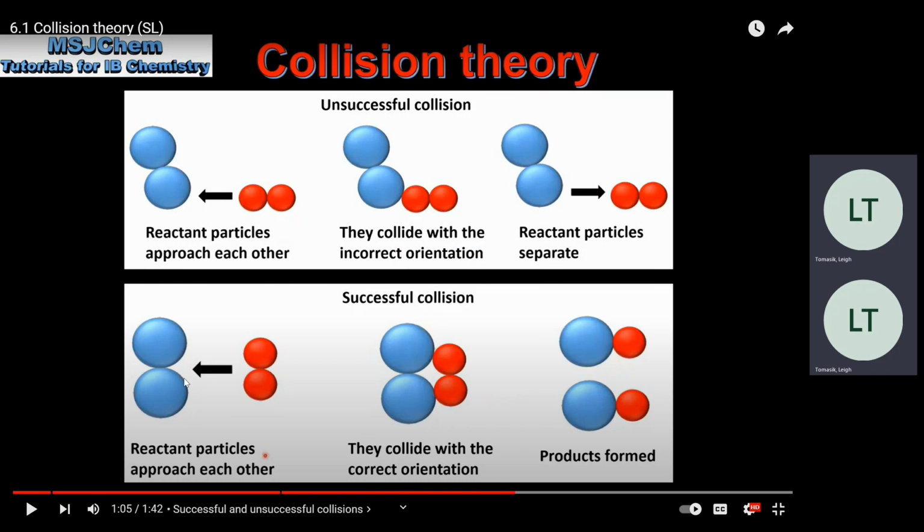So in this case, this is the correct orientation. So we have a chemical reaction. And at the top, they didn't bump into each other with the correct orientation, and there's no chemical reaction, right?